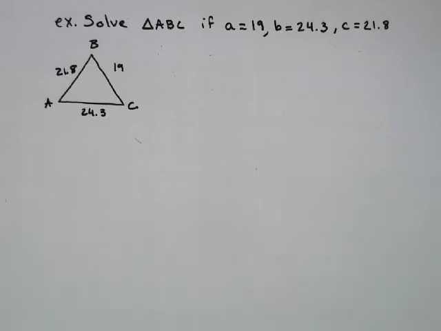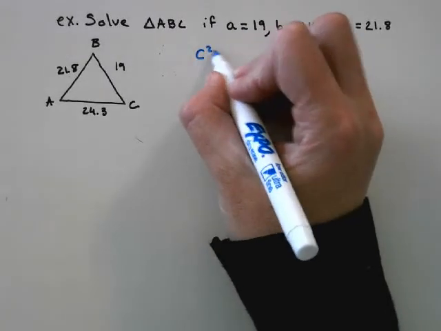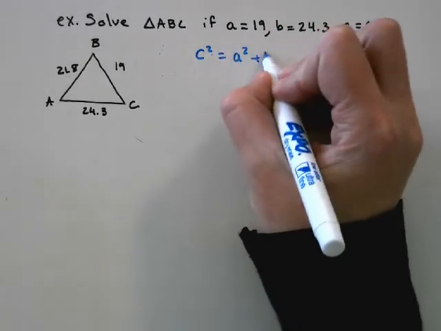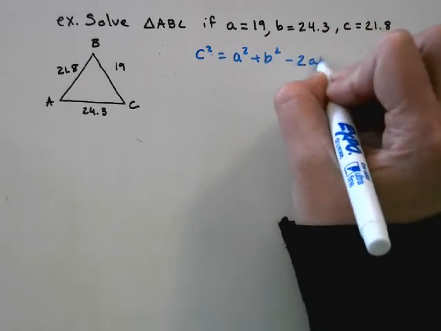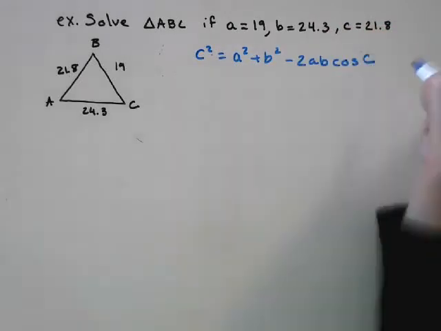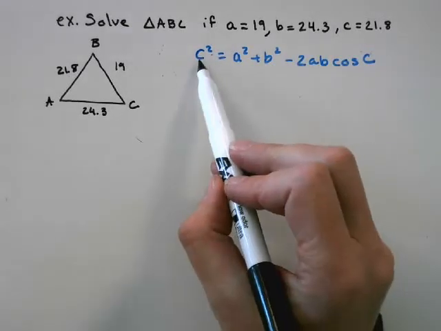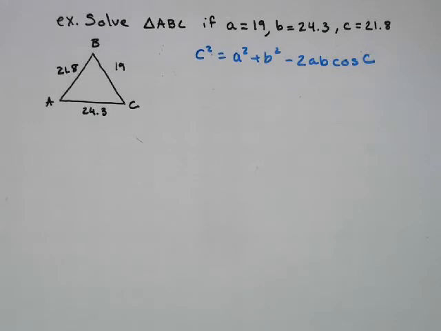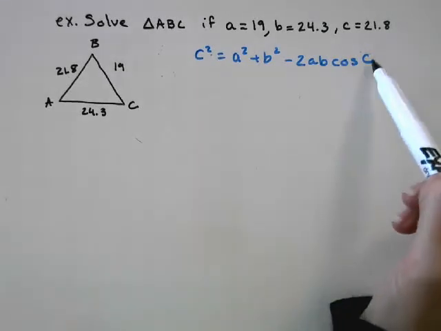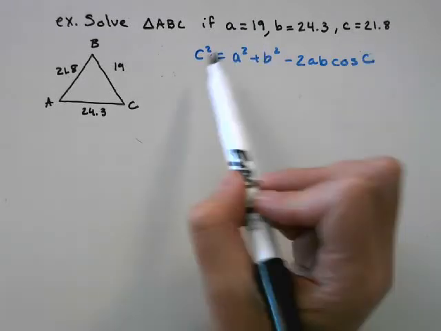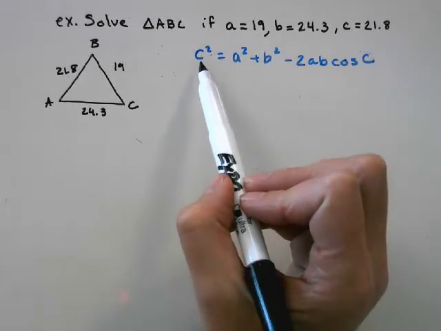So in the law of cosines, we're either solving for the third side, which we just did, or in this case, we're going to be solving for the angle. We can choose any of the angles to find, but whatever angle we want, this has to be the side opposite that.